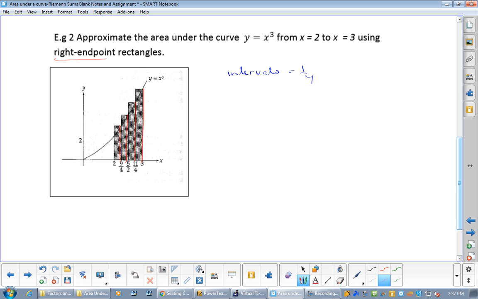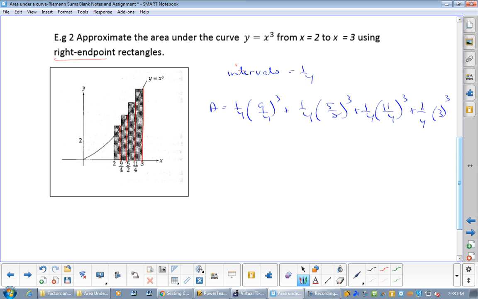Okay, the intervals are 1/4, so how would I find the area of this? Area equals 1/4 times (9/4) cubed plus 1/4 times (5/2) cubed plus 1/4 times (11/4) cubed plus 1/4 times 3 cubed.